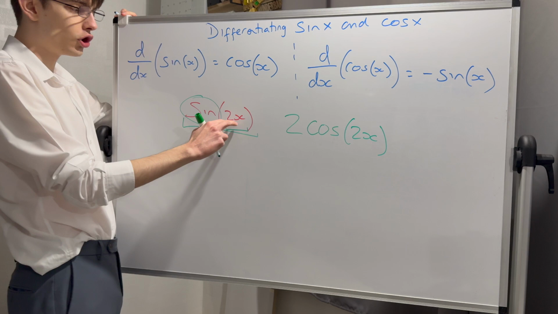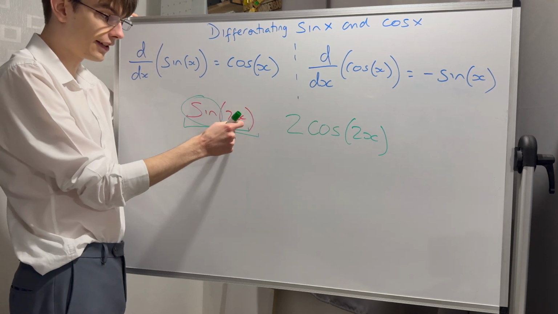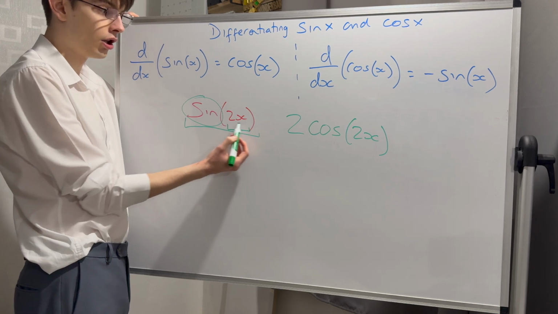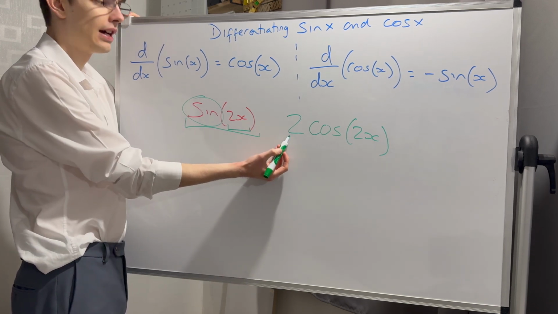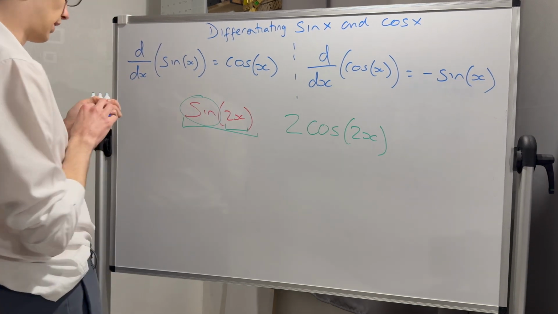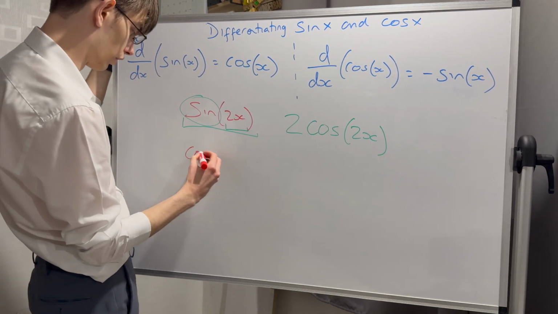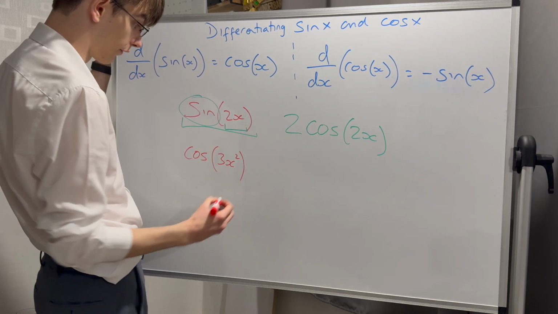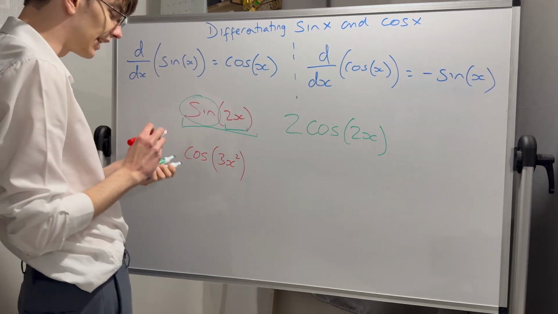So if I have a number inside here, or anything else inside here, I need to differentiate the interior, bring that outside, and then just apply my rule to the rest of it. So if it was cos of 3x squared, for example, same logic.